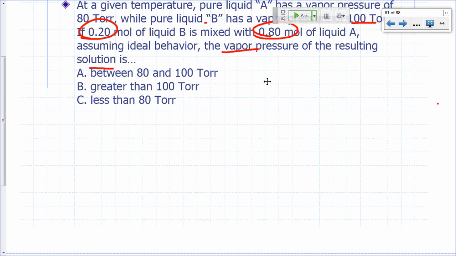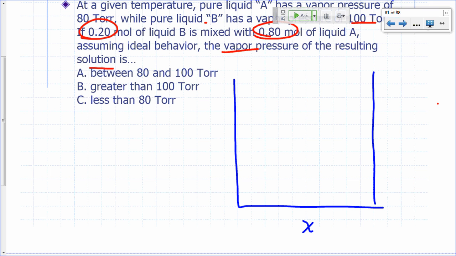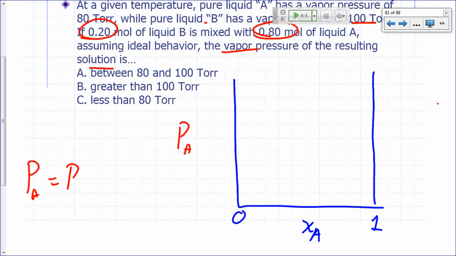If you were to plot, okay, versus mole fraction of A from 0 to 1, what would be the vapor pressure of A? And let me put that in red. Versus mole fraction of A. P sub A is equal to P sub A star times XA, right?